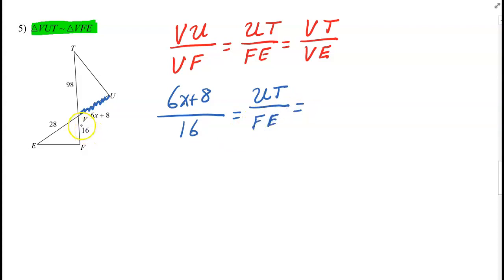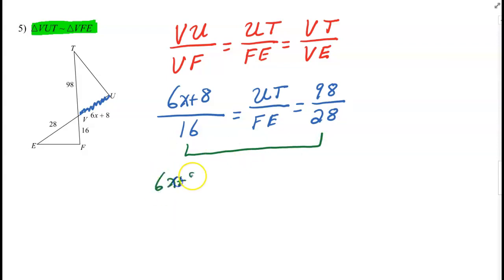And then VT is 98 when I look at the picture, and VE is 28. So like in one of the previous problems, I'm just going to use these two on the outside. I'm going to rewrite it here. 6x plus 8 over 16 is equal to 98 over 28. Again, I'm going to cross multiply.